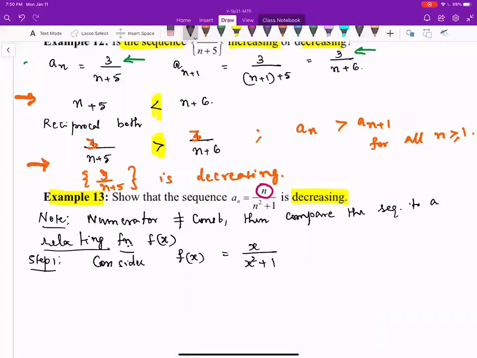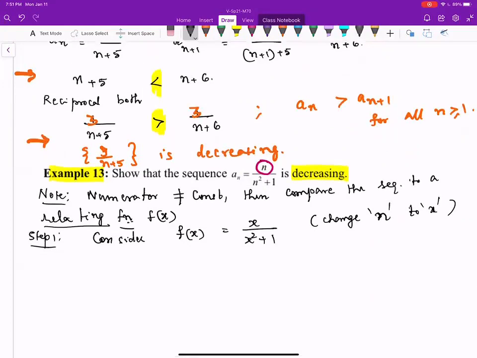So we are changing the n to x. We have to show that this function is a decreasing function. If this is a decreasing function, then the given sequence would be a decreasing sequence.